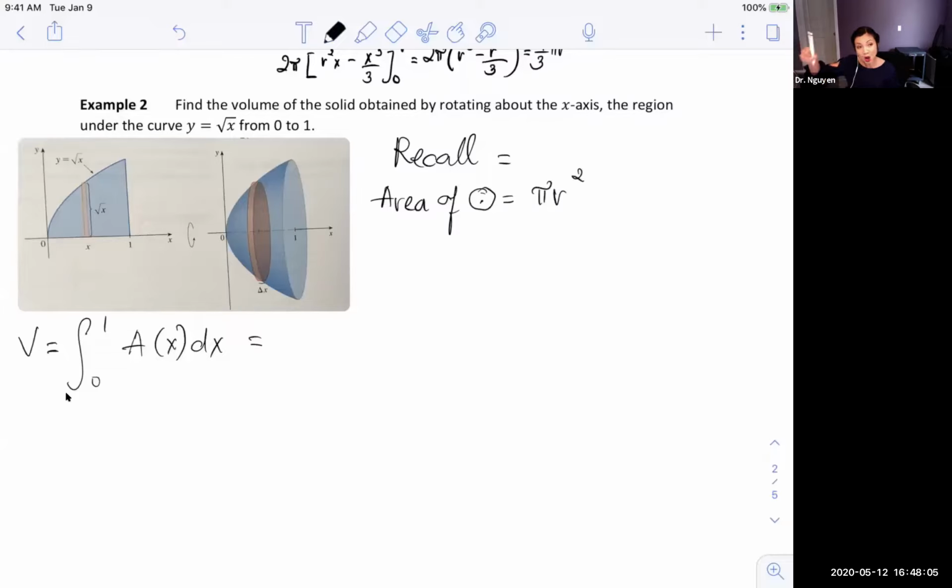But what is r in this case? You see R goes from the x-axis to y, so it's from 0 to the square root of x.